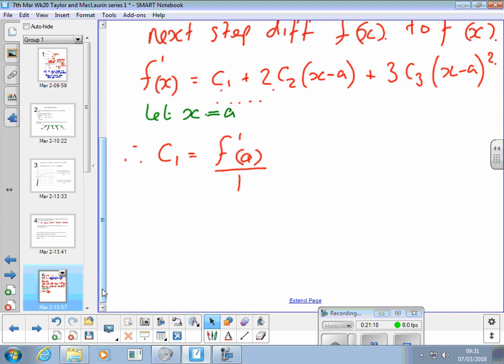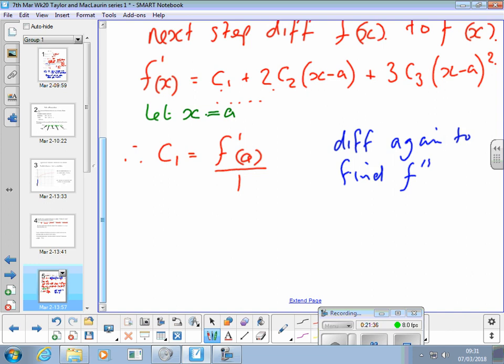Right, everybody happy with that so far? Differentiate again. F double dash X. What happens there?